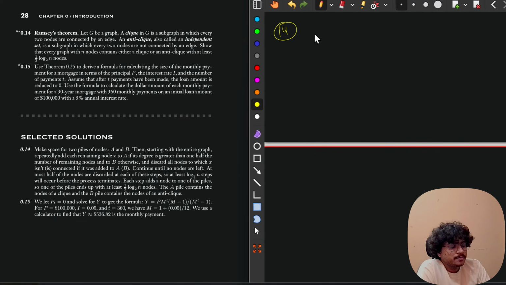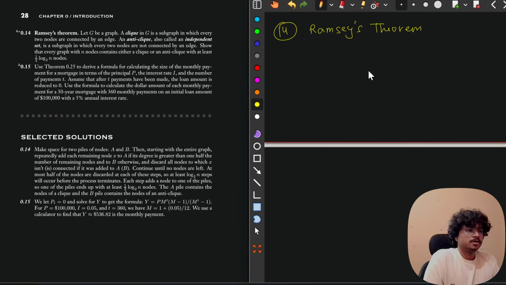It is something called Ramsey's theorem. It says to show that every graph with n nodes contains either a clique or an anti-clique with at least this many nodes.